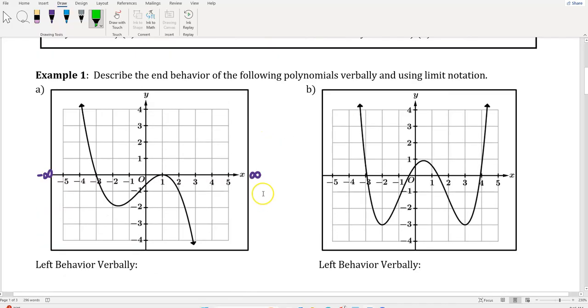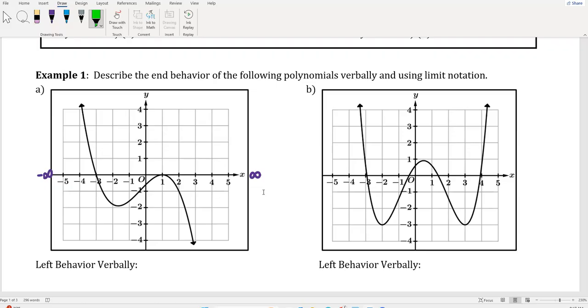For this, it's really in working with the notation. The idea is pretty simple. What you're trying to do is think about what happens out at the very end of this graph. And for polynomials, it is always going to be that they go up or down, right? So if you try to make yourself this graph right here, then this side goes up, this side goes down.